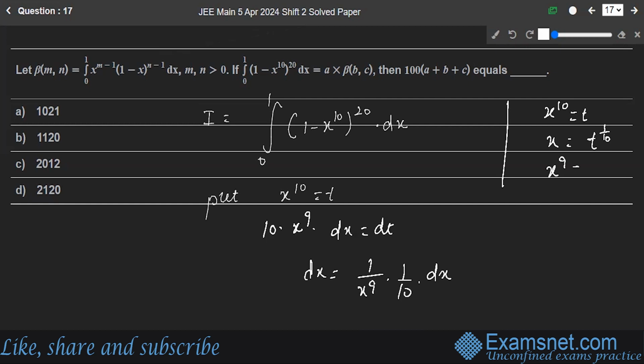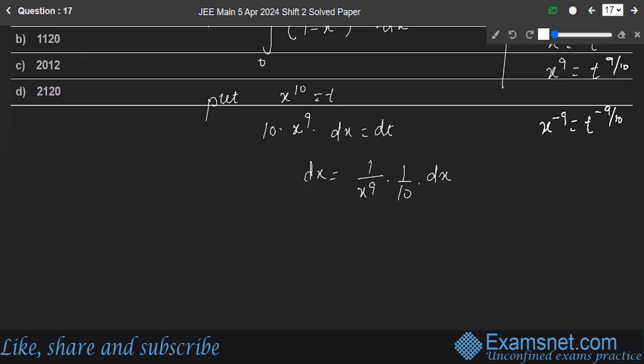Or x raised to power 9 will be given by t raised to power 9 by 10. Or x raised to power minus 9 will be t raised to power minus 9 by 10. So this dx will be equal to t raised to power minus 9 by 10 into 1 by 10 into dt. Right, now let's get back to our integral.